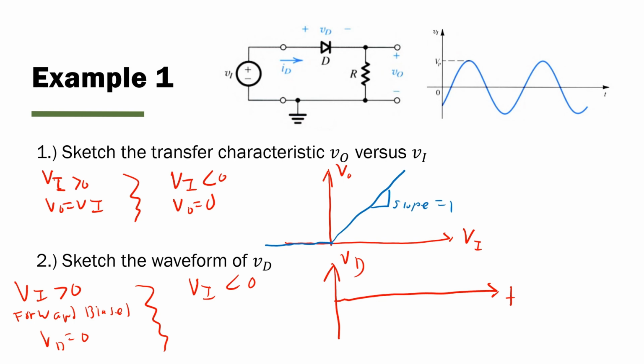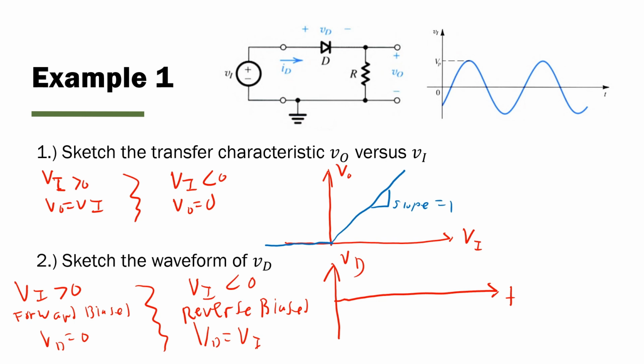Now when Vi is less than 0, we know that the diode is reverse biased, which means it is consuming all of the input voltage because it is behaving like an open circuit. So what we see is essentially the inverse relationship to Vi.